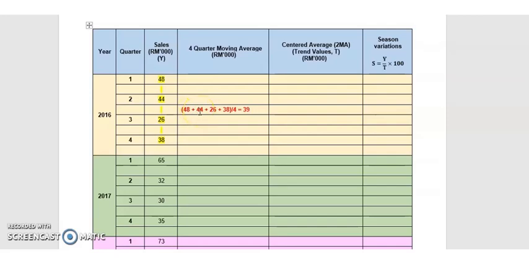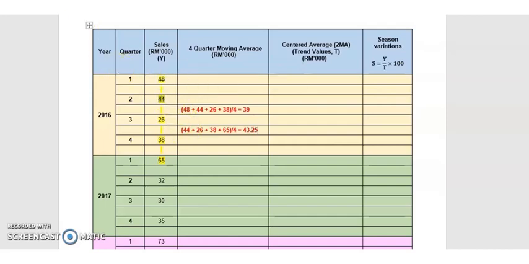For moving average, you move one value, then you find the average. Move the first value out, then find the average of the next 4 values, 1, 2, 3, 4, so the center will be here. 44 plus 26 plus 38 plus 65, divided by 4, equals 43.25.